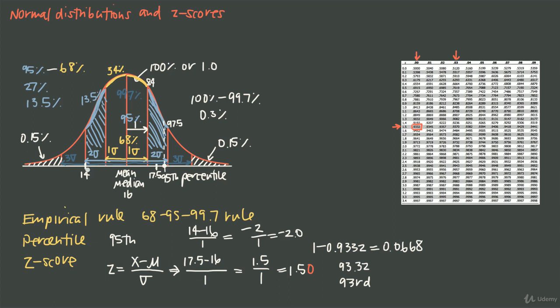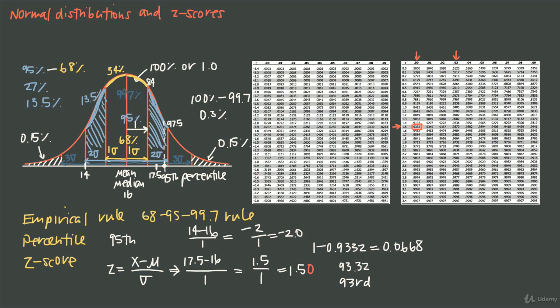So notice how, because we found a value below the mean, we get a negative z-score. When you have a negative z-score, you want to look that up in the z-table with negative z-scores. Notice here we had positive z-scores on the left side, but here we have negative z-scores on the left side.